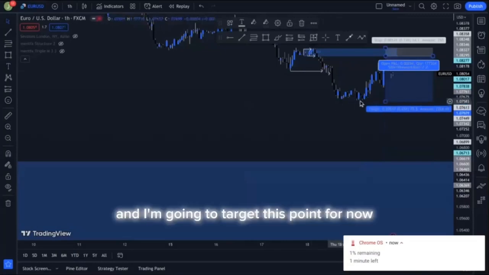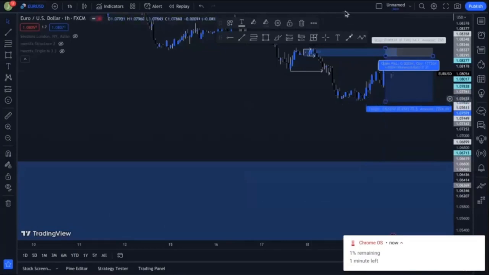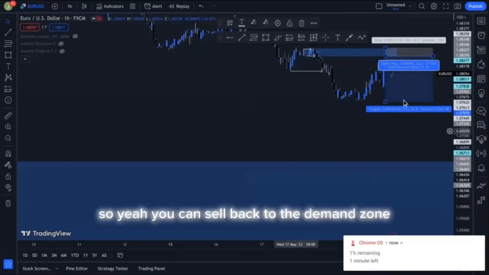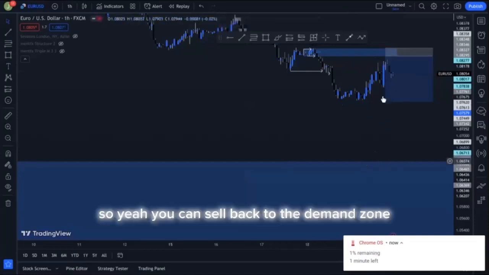But I'm going to target this point for now. So yeah, you can sell back down to this demand and wait for that accumulation phase to start happening.